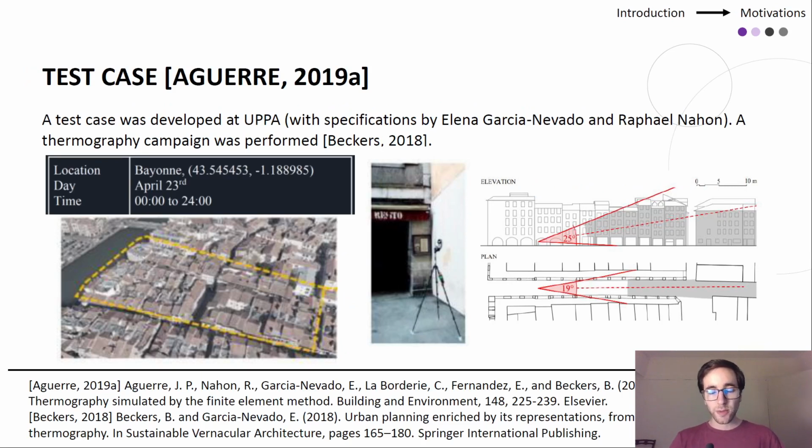So one of the motivations behind our paper is the development of a previous work based on a test case in which we went into a street in France, in the city of Bayonne, and performed a thermography campaign. We took one picture for each hour for a period of 1 day, and we captured, with a thermal camera, the evolution of temperature of the surfaces in this urban canyon.